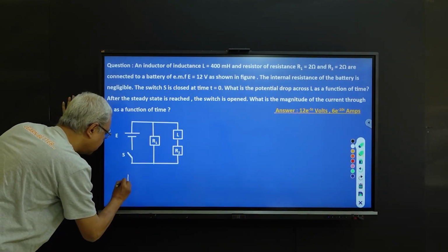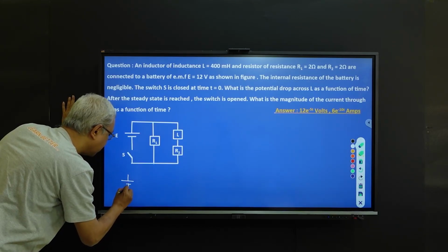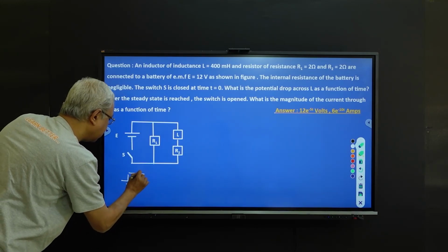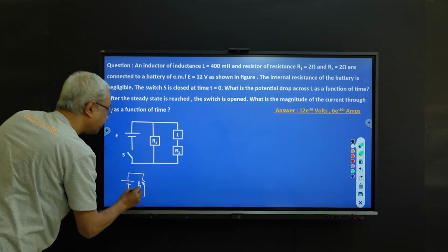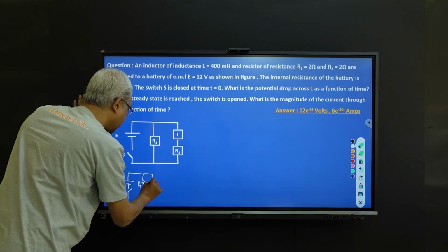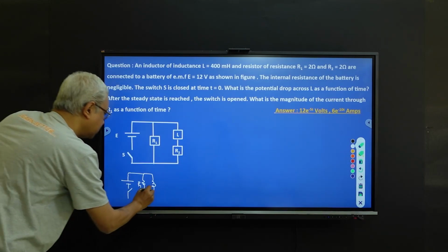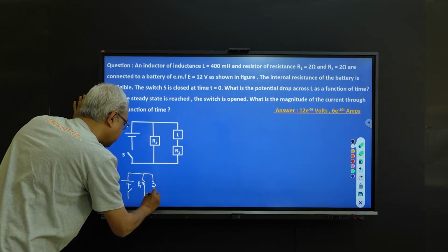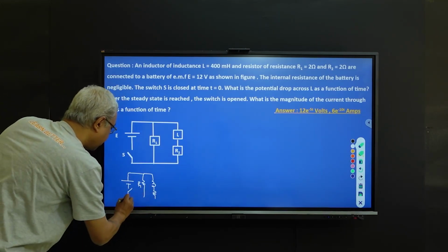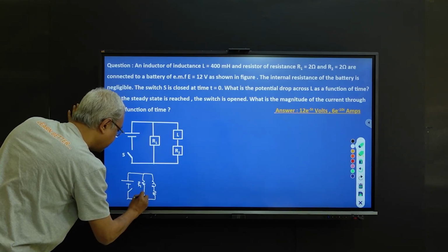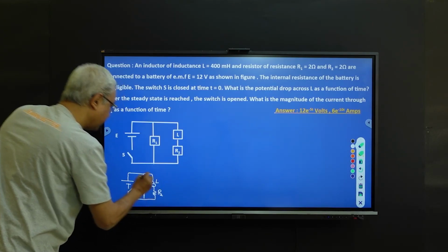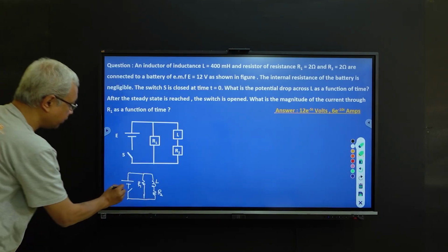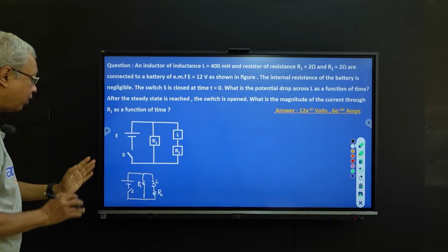This is the battery, this is the switch, and this is resistance R1, this is the inductance. I am putting the conventional symbols for resistance and inductance. This is a very simple circuit. This is L, this is R2. And this is the switch which can be made off and on.